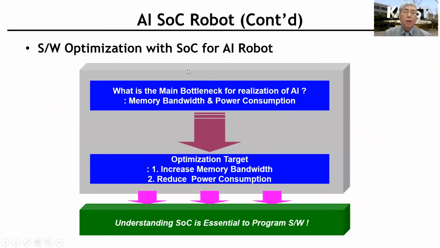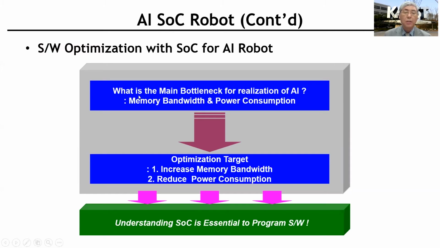For example, how to optimize the software for the AI robot. It should be well matched with SoC. For example, you should develop the AI, but there are many bottlenecks for the realization of the AI, because your CPU and your memory size are very limited.